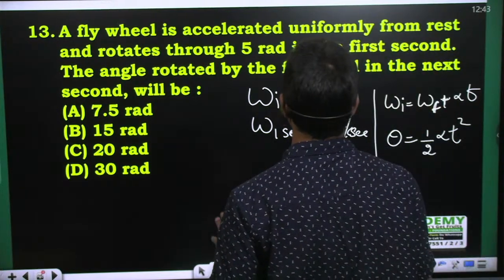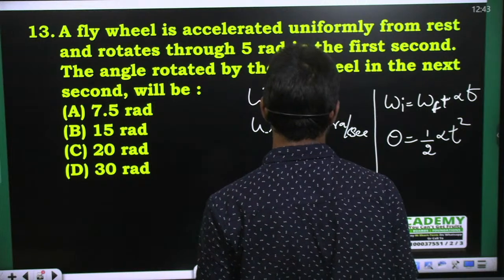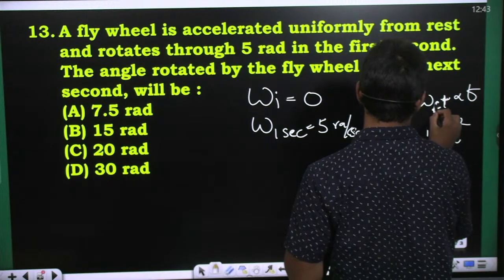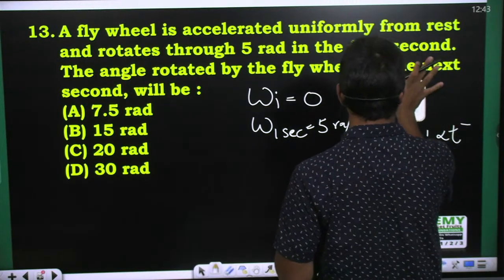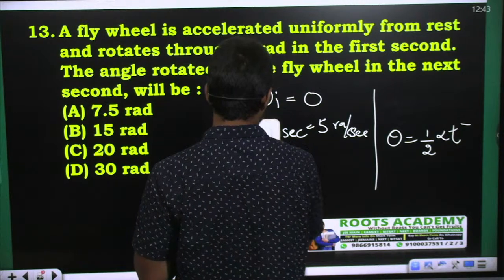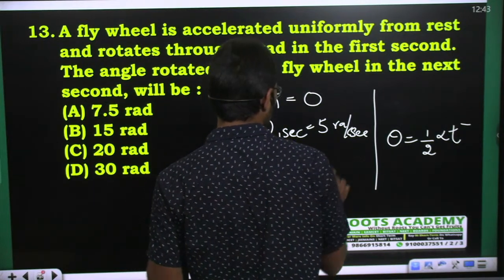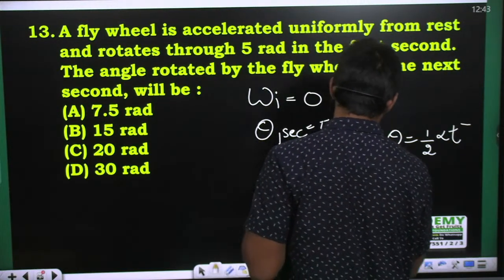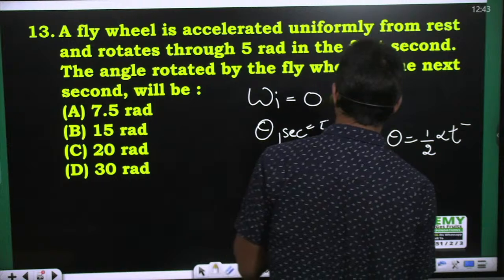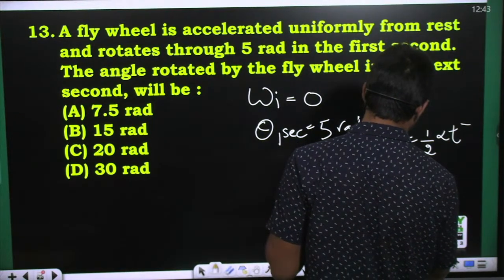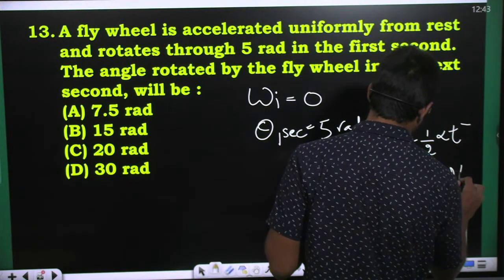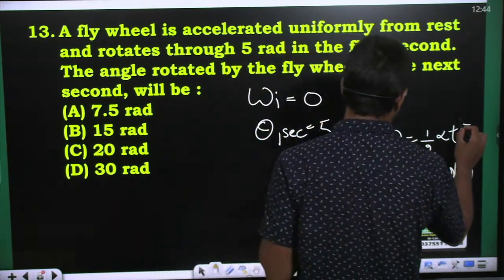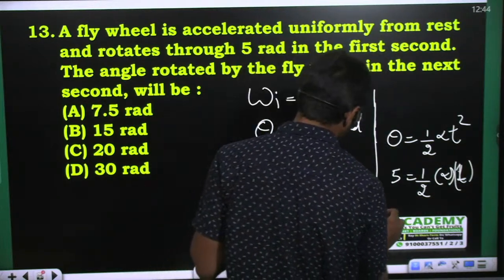It is given as 5 radians in the first second. Let us not jump, let us go step by step. Theta is 5 radians, equal to 1 by 2 alpha times t, which is 1, t square. So we get alpha as 10.